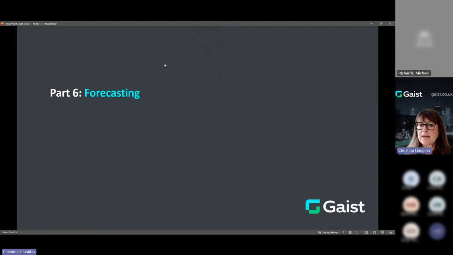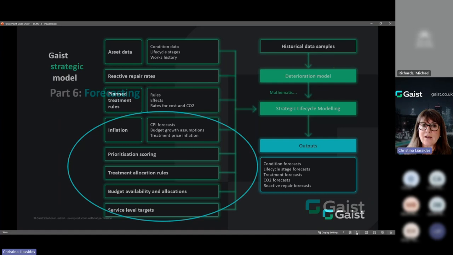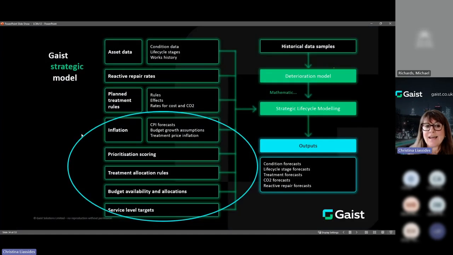Okay, so that's talking about the data that you can supply. And again, as I say, first and foremost, particularly carriageways and footways, what condition is it in? And we can take it from there. But anything else that you have makes the model just that little bit more receptive to what goes on for you. But then, of course, this is the bit where all the other impacts on highway asset management come in. So inflation comes in, budget versus inflation. Again, I'll talk about that.